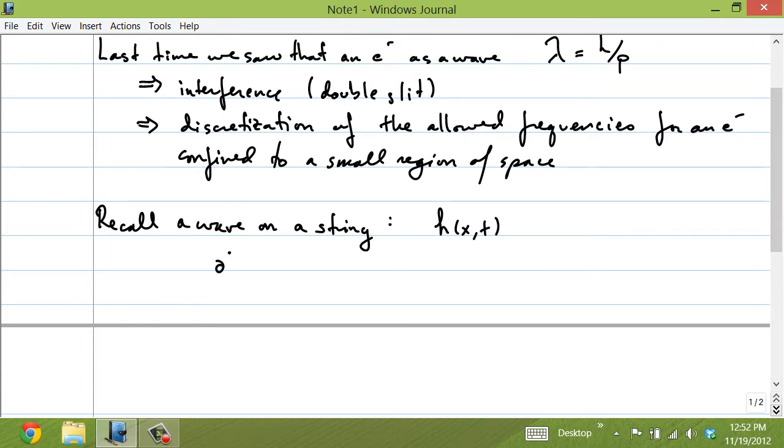And this quantity, h, would obey a second-order differential equation relating the spatial and the time derivatives. So this is something that one can derive just from a simple mechanical model of the guitar string, for example, that we're studying. And we are interested in standing wave solutions.